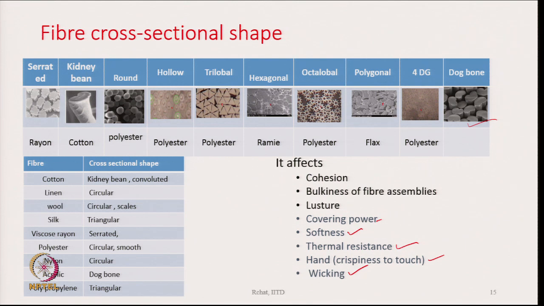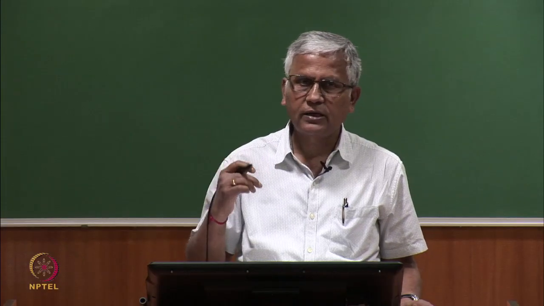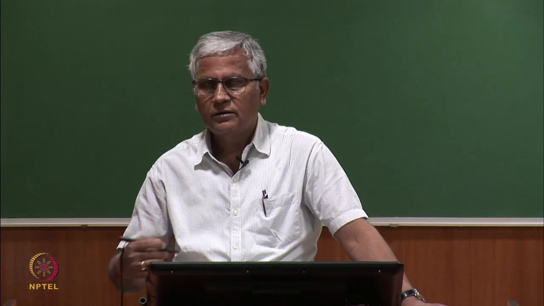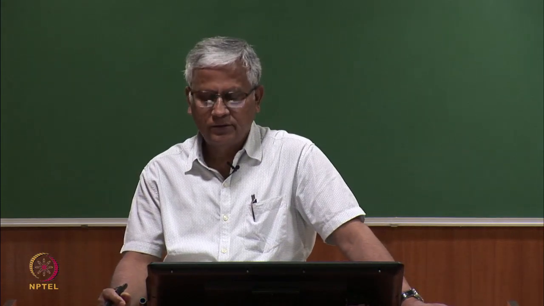There are some fibers which have very high wicking rate, like 4DG fiber, this fiber has very high wicking, octolobal polyester fiber, very high wicking rate. They have been designed to enhance the wicking property of the fibers, yarns, or the fabric. So, the cross sectional shape has been changed. What we have done in these cases, we have produced micro channels on the surface of the fibers, so that through these micro channels the liquid can pass very fast.